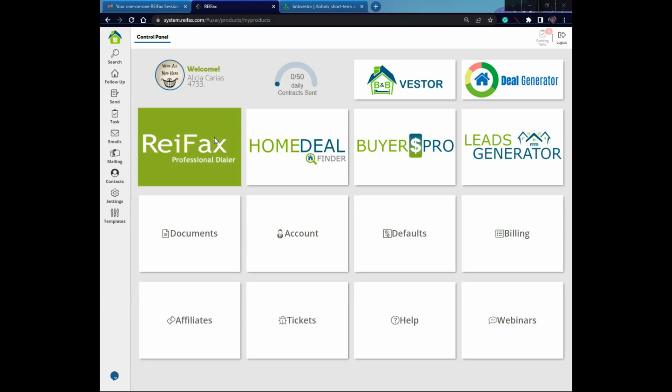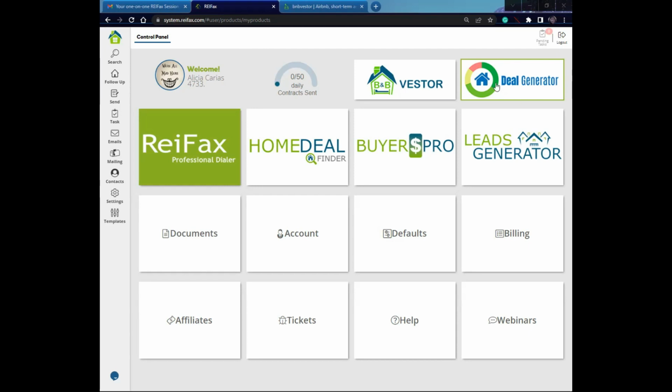However, I'm sure you have seen that you have these tiles here, BnBvestor and Deal Generator. These are apps that we sell individually, but as a ReFX subscriber, you have complete access, completely free, to these applications, logging into them with the same credentials that you use for ReFX.